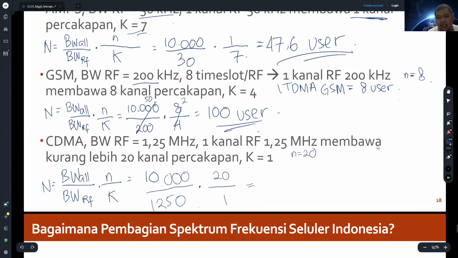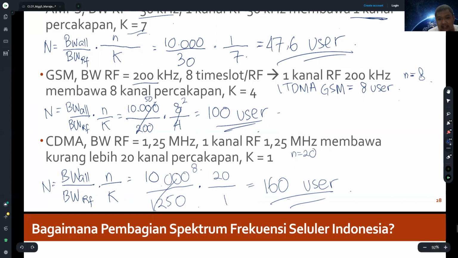So the value will be around 160 users. It's easy because 10,000 divided by 1250 is 8, and 8 times 20 is 160.